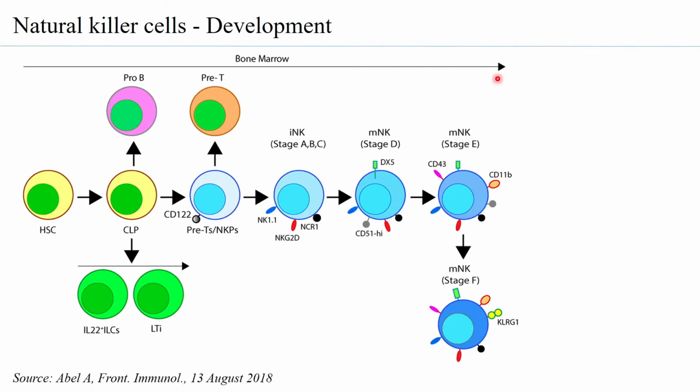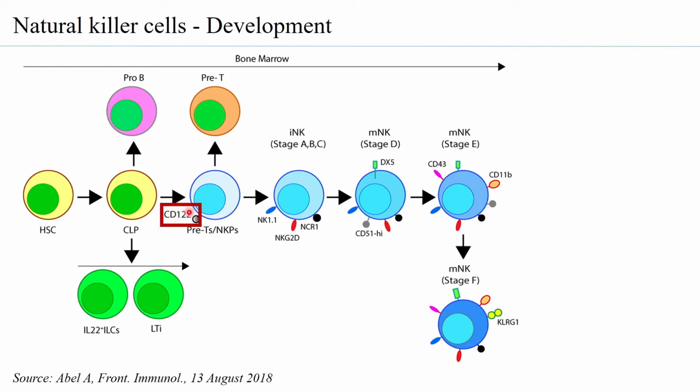Now, in the bone marrow itself, as you can see, the hematopoietic stem cells first form the common lymphoid progenitor, and this common lymphoid progenitor then releases IL-2.